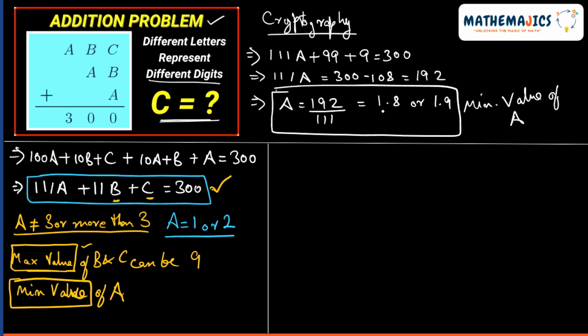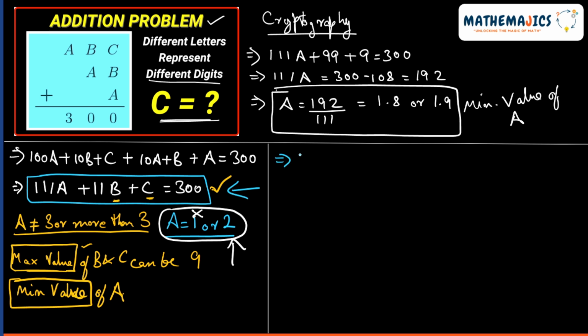Now, if the minimum value of A is 1.8 or 1.9, definitely I cannot choose 1. That means the value of A that we need to choose is 2. Let's substitute A as 2 in this equation.